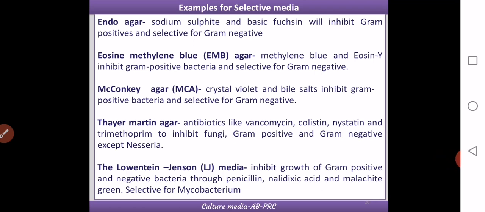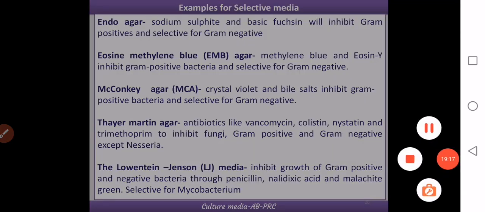So this Thayer-Martin is used for the selective cultivation of Neisseria. All other groups of organisms will be inhibited. Right. Then finally the LJ media, Lowenstein-Jensen, which inhibits the growth of gram positive and also gram negative organisms through the activity of penicillin, nalidixic acid and malachite green, and this is used for the selective isolation of mycobacteria.